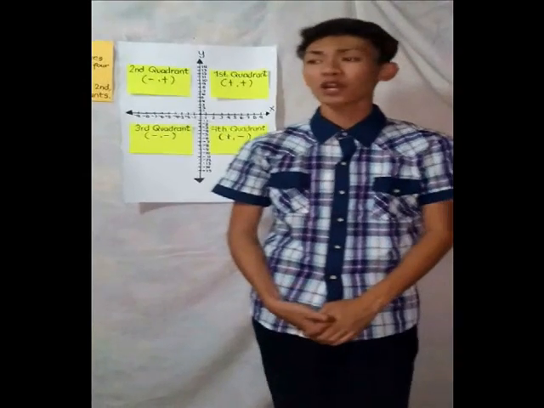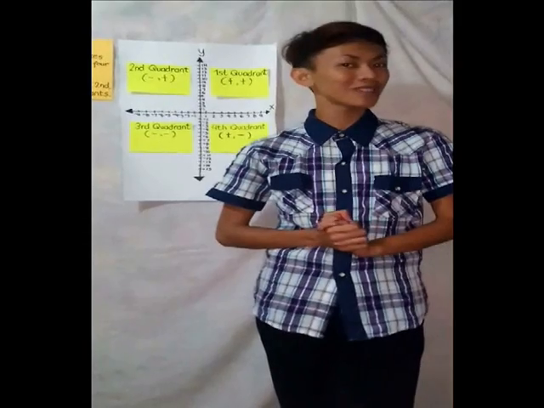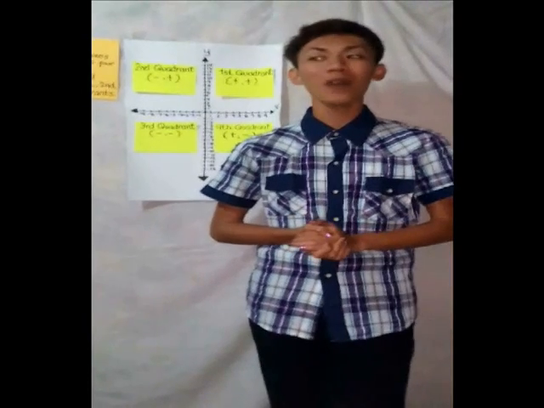Did you know who's the father of Cartesian coordinate system? I think you know that. Yes, you're right. The father of Cartesian coordinate system is no other than René Descartes.